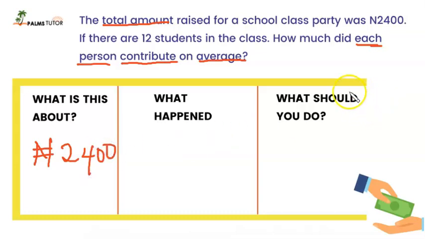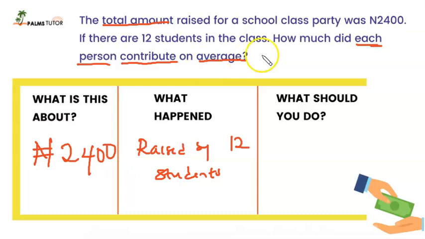How many people raised this money? Let's see. If there are 12 students in the class, so raised by 12 students. Now, we are being asked, how much did each person, one person, raise?